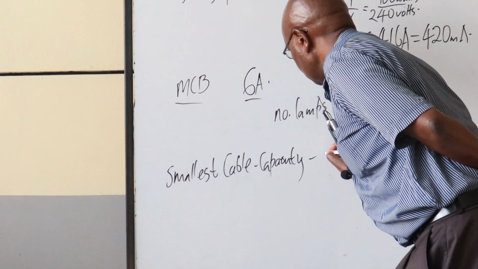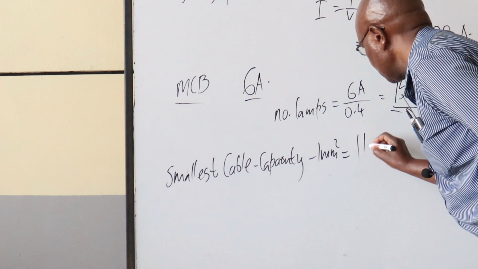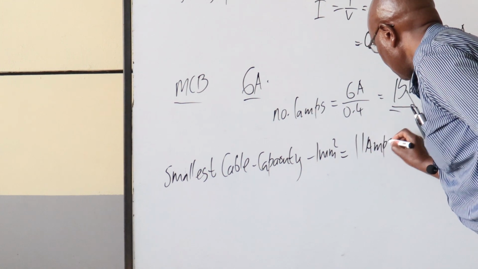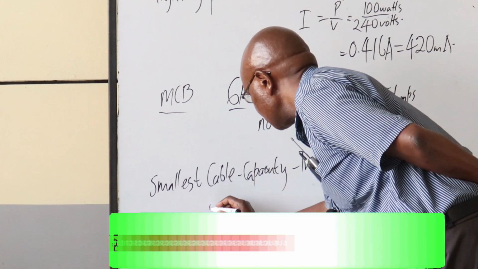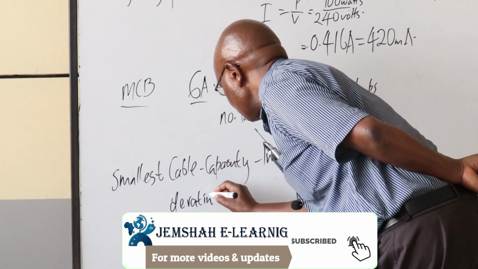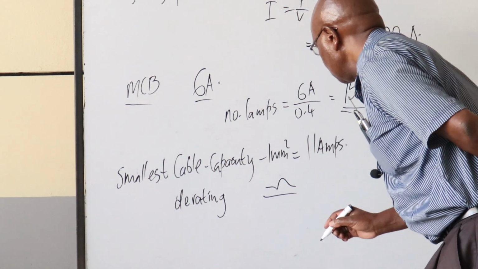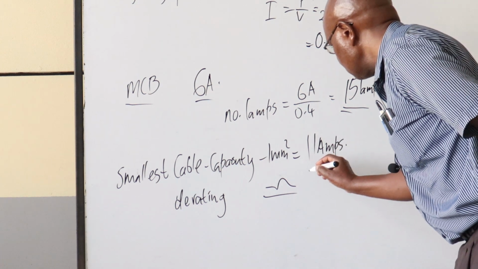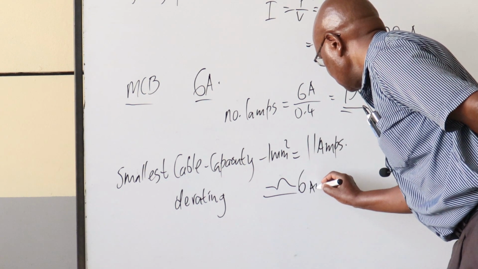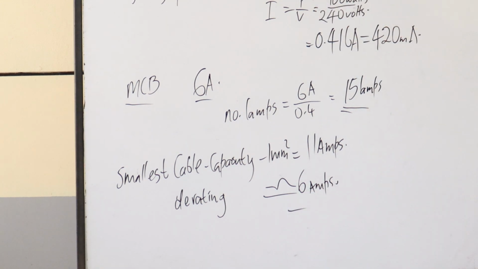Capacity, 1 mm squared is about 11 amperes. If you add the rating factors, it may approximate to about 6 amperes.